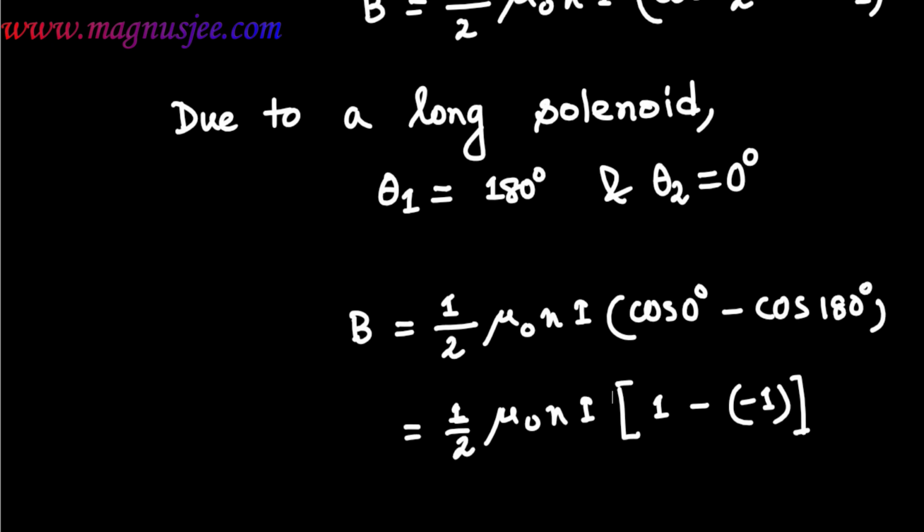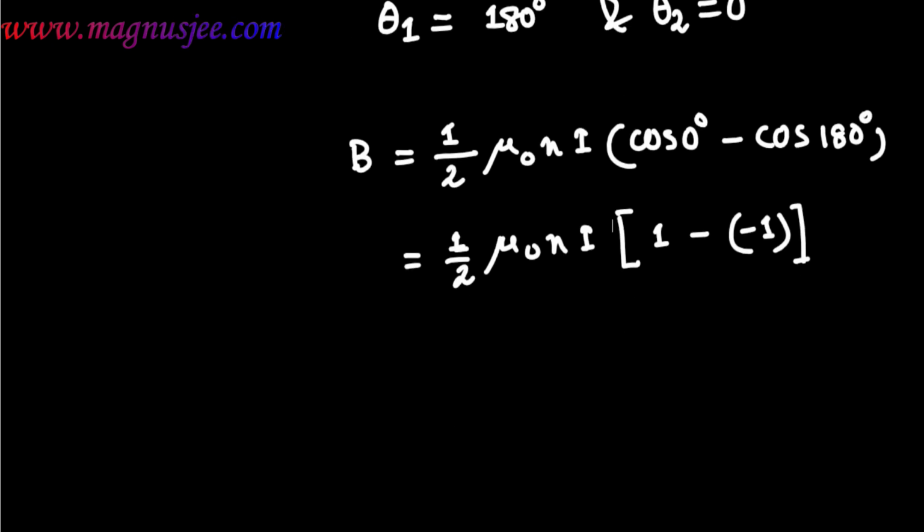So we get the expression of magnetic field induction at a point inside the solenoid. Therefore B equals 1 by 2 mu 0 small ni into 2.